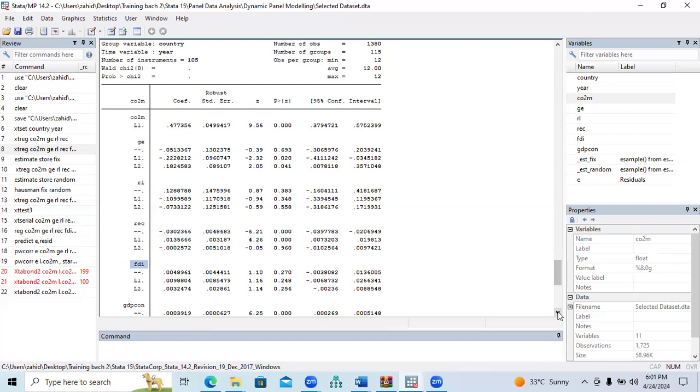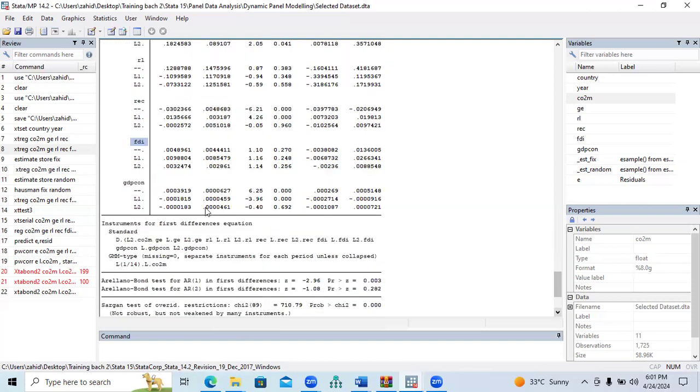Then you can see the last variable, which is GDP constant, and it is significant at current level as well as it is also significant at first lag. But if you see, the current value is positive while the lag value is negative.